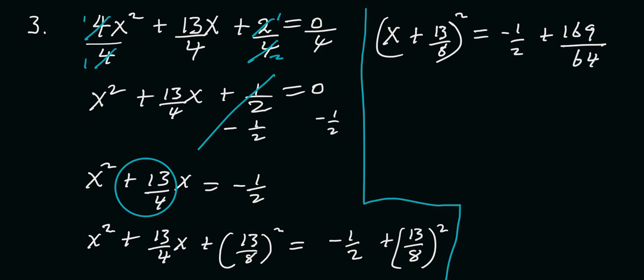So right now we can try to simplify the right hand side. So try to get the common denominator. So we're going to multiply the first fraction, both numerator and denominator, by 32 in order to have the common denominator. All right.